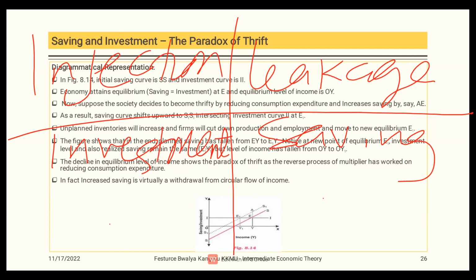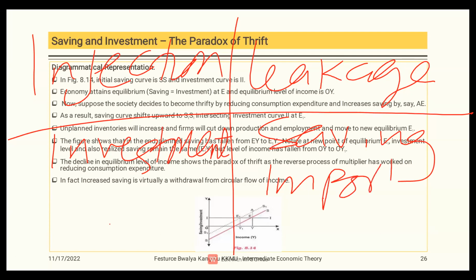Because investments, from our equation C plus I plus G, add to the GDP, to the output, not saving. Are you following? Yes, I am.